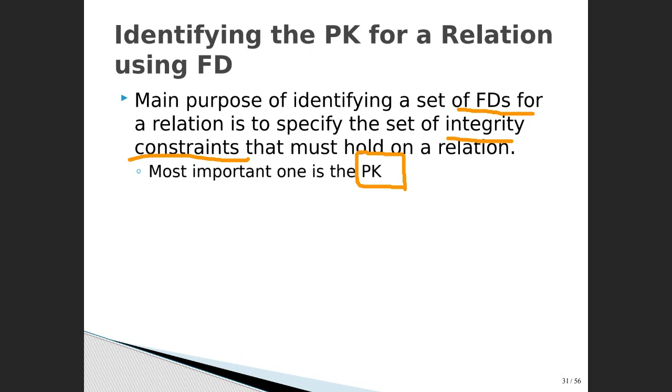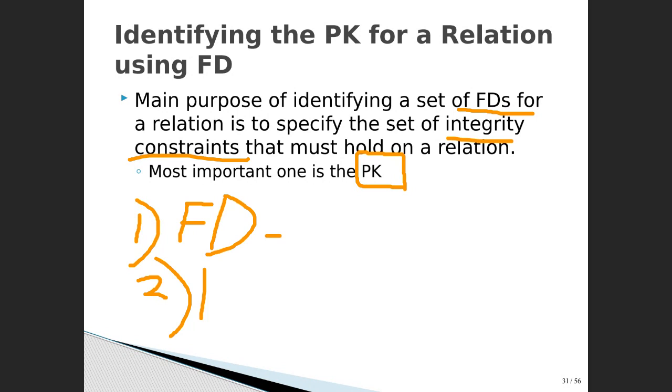The steps of normalization start with number 1, identify the functional dependencies, FD. Number 2, identify the primary key for each relation. And then comes the normalization.